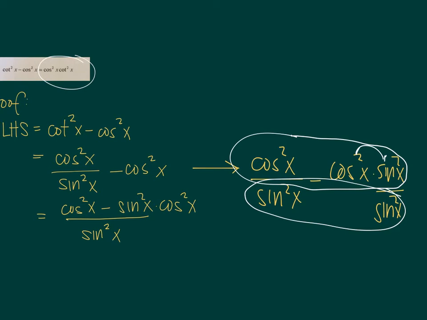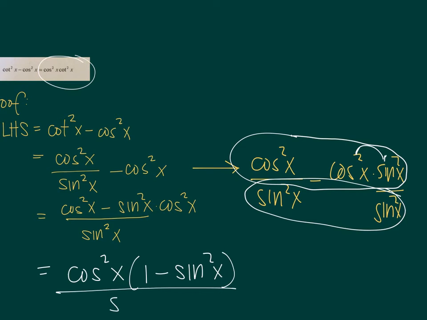Okay, now note we are trying to combine them into a single expression without the minus sign. So we can now, you can actually factor out cosine squared x, and this will give you 1 minus sine squared x over sine squared x.